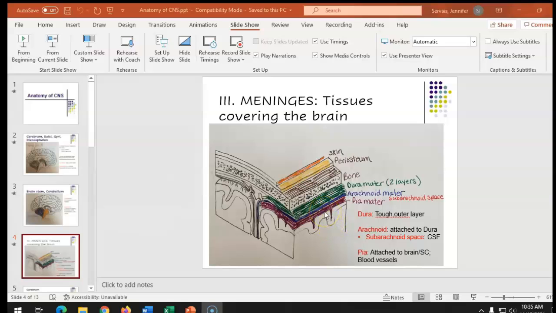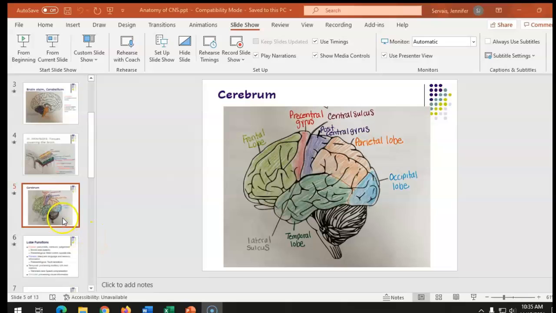Underneath that then is the pia mater, and this is the tissue that directly attaches to either the brain or the spinal cord. So these three layers plus the subarachnoid space make up your meningeal system. If you've ever heard of meningitis, this would be when these tissue layers become inflamed, typically by a bacterial or viral infection, and can have some very dire consequences if not fixed.